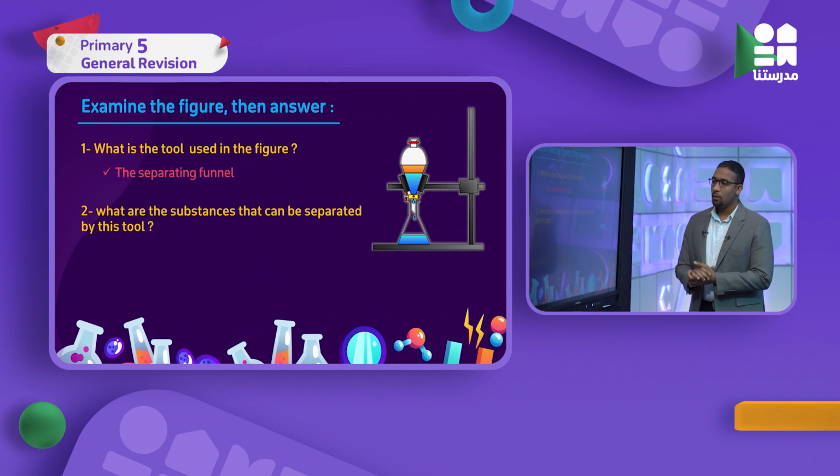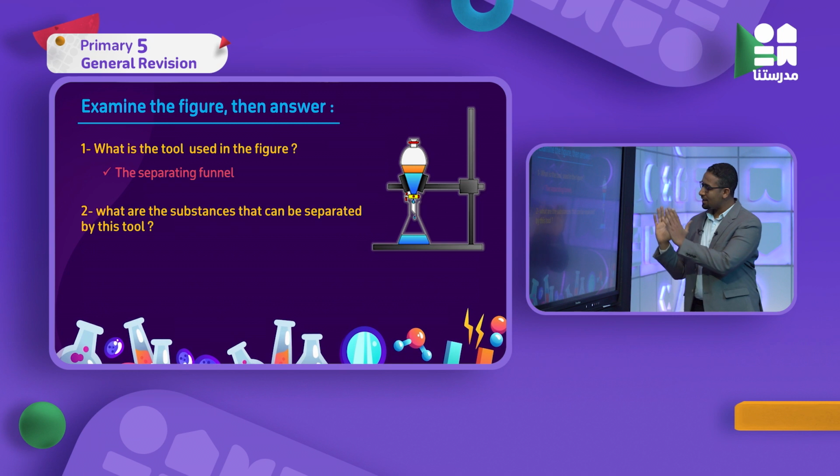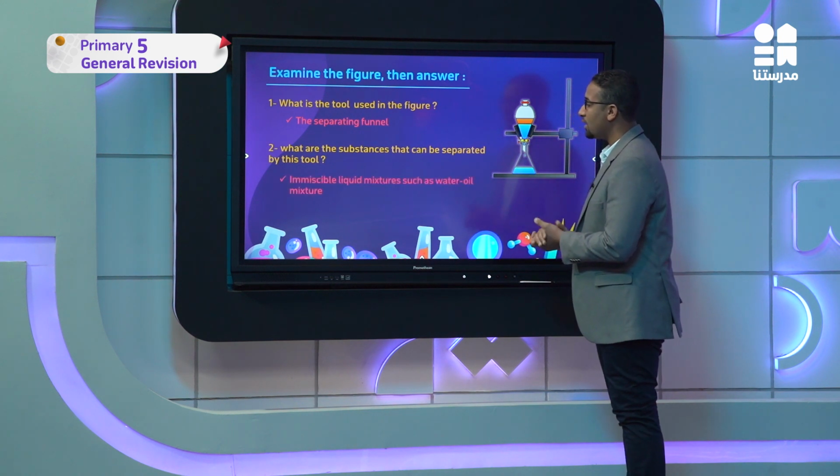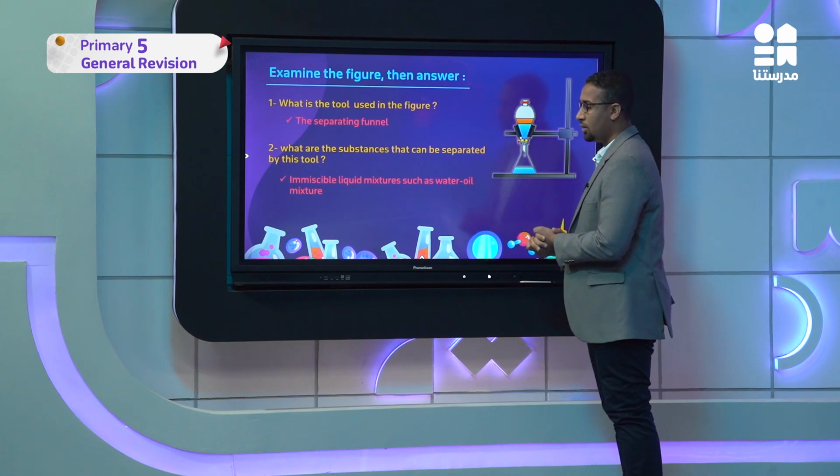Number 2, what are substances that can be separated by this tool? So by this funnel, we can separate what? Both are liquids, we can separate liquids, but we have to mention the kind of liquid. We can separate immiscible liquids, a mixture such as water and oil.